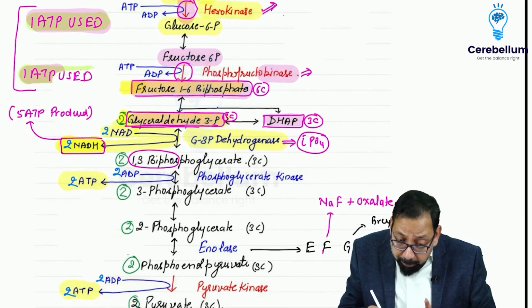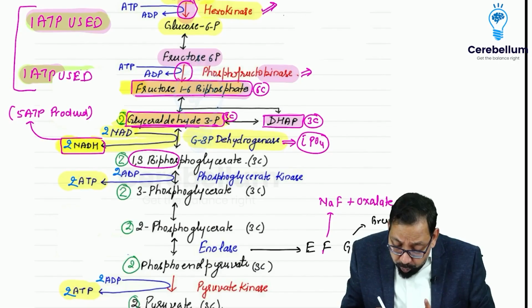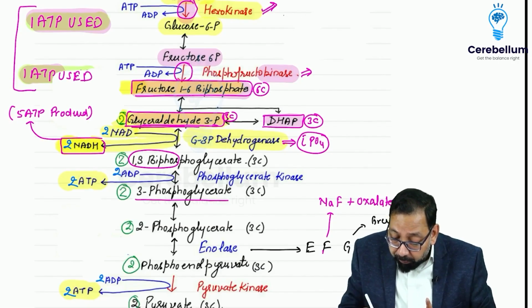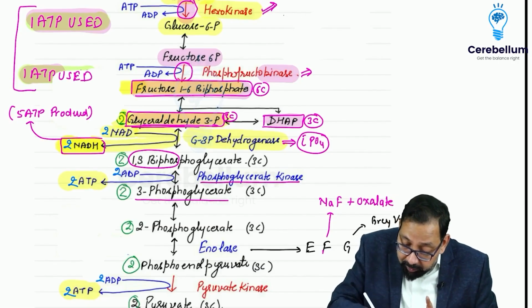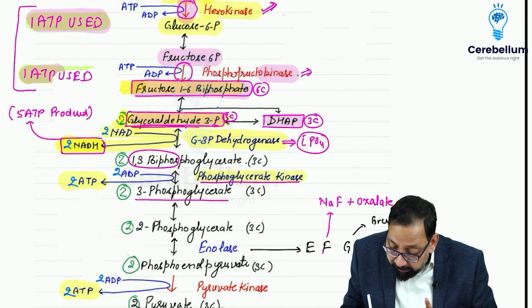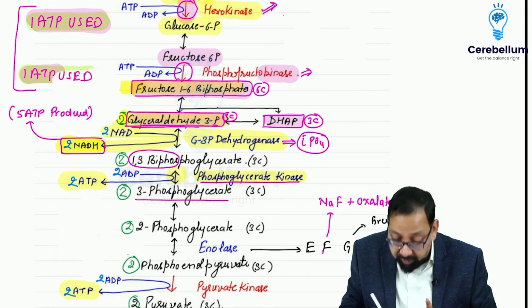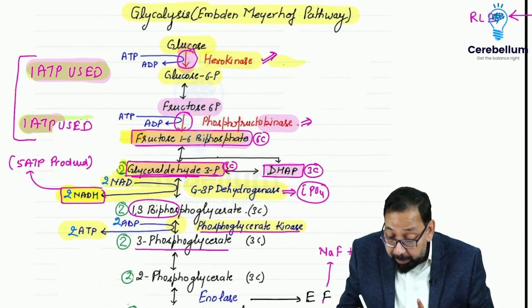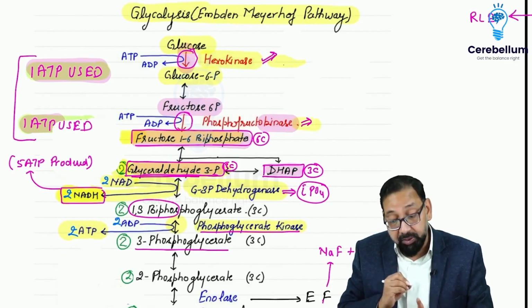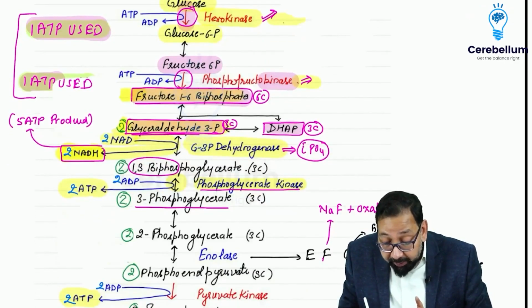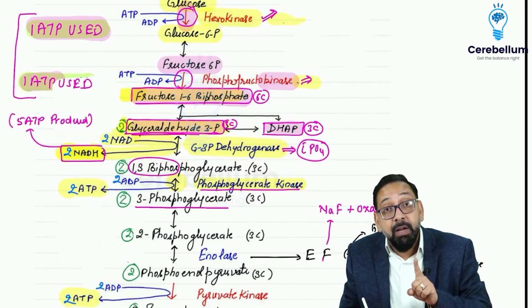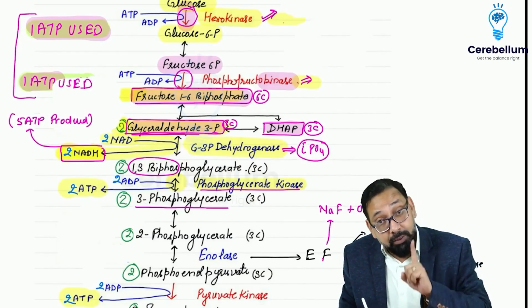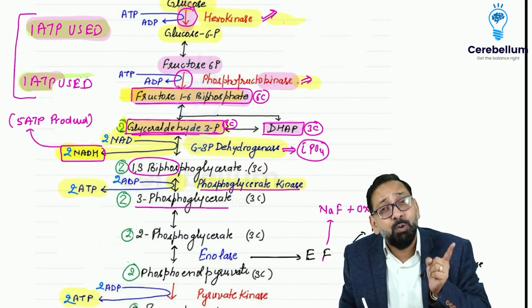Now 1,3-biphosphoglycerate is converted to 3-phosphoglycerate by phosphoglycerate kinase. This is important because this kinase catalyzes a reversible step. Till now we have discussed hexokinase, irreversible step, phosphofructokinase, irreversible step, phosphoglycerate kinase, reversible step, and all kinases are transferase, require magnesium as cofactor.